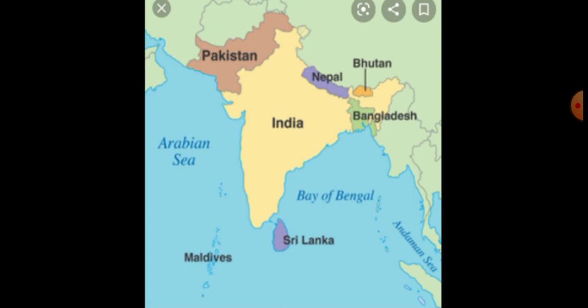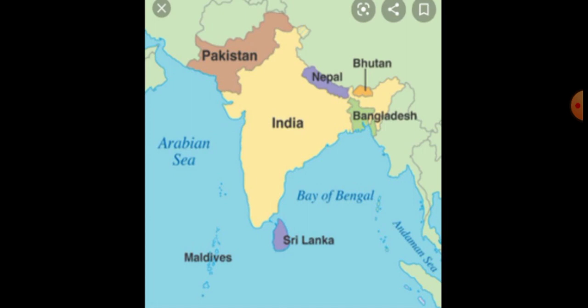Rajasthan is also known as the land of sacrifice. Why is Rajasthan called the land of sacrifice? Because Rajasthan is full of desert, mountains, dense forest, temples, etc. Most of the western part is fully desert.